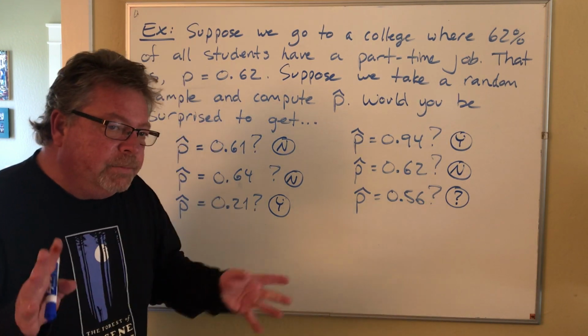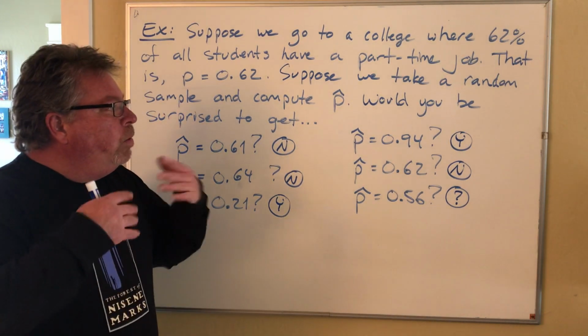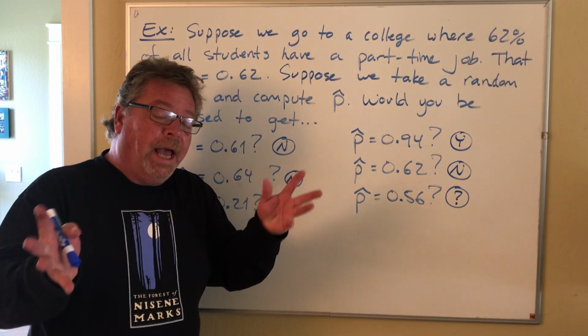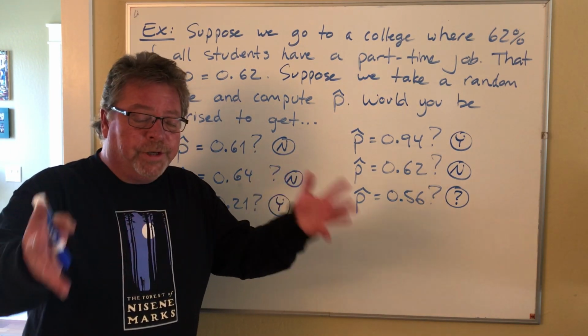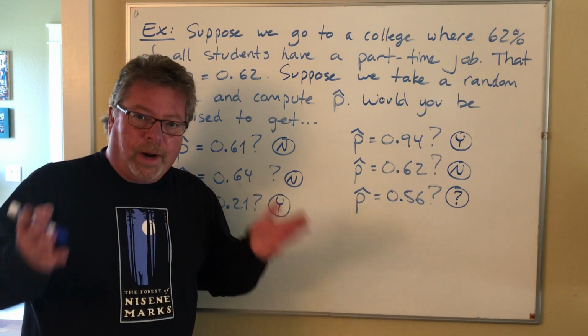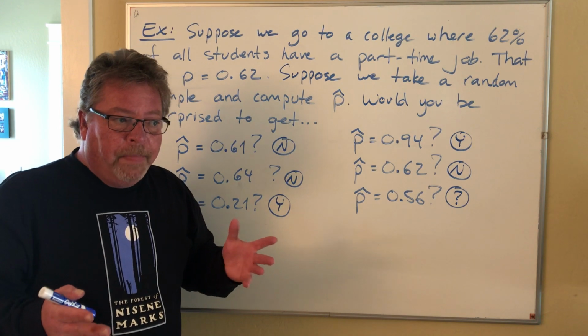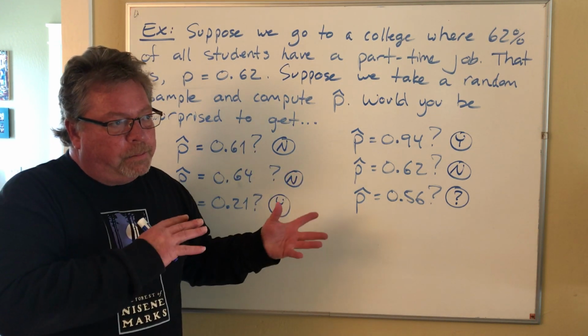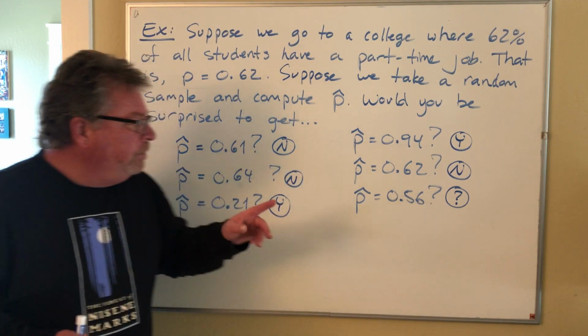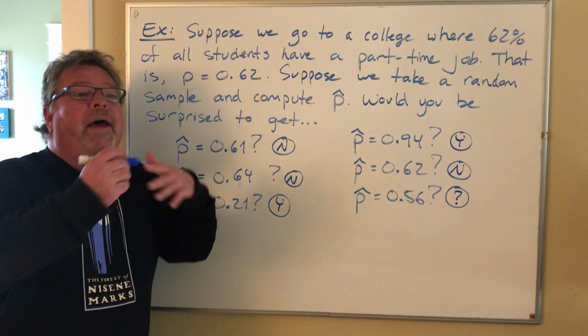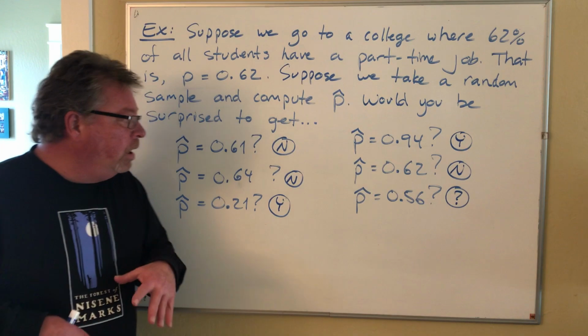Okay, so here's what it comes down to. What we have here is the concept that p hat is a variable that can change from sample to sample. Moreover, it's a random variable because our sampling is done in a random way. So p hat is a random variable, and when you answer these questions yes and no, you're telling me whether that value of p hat is likely or unlikely.